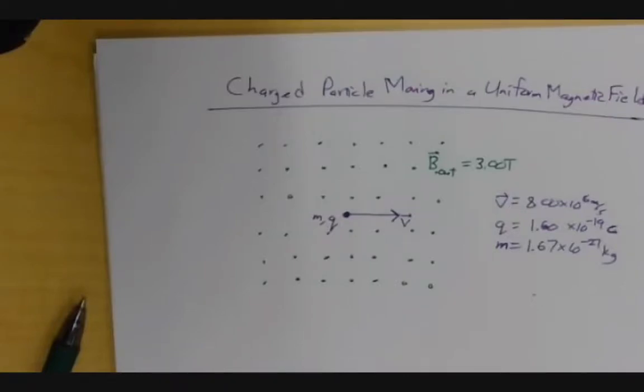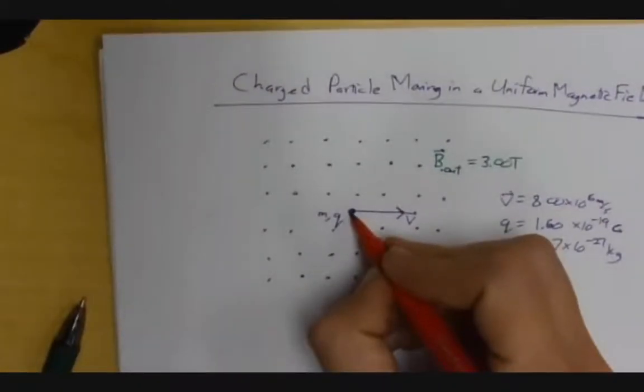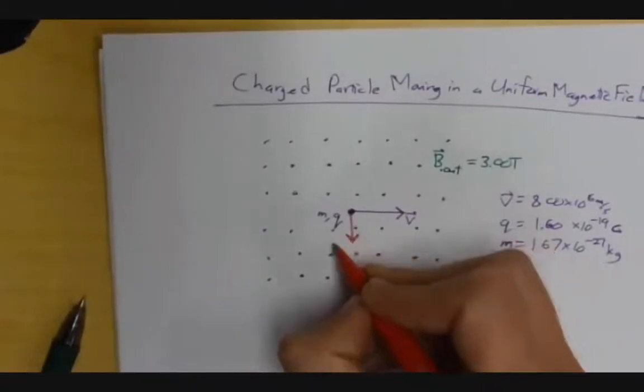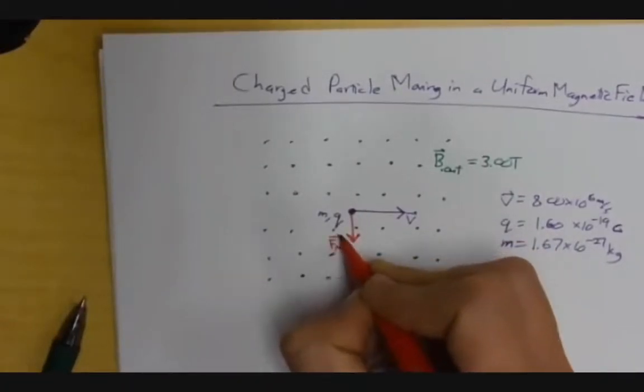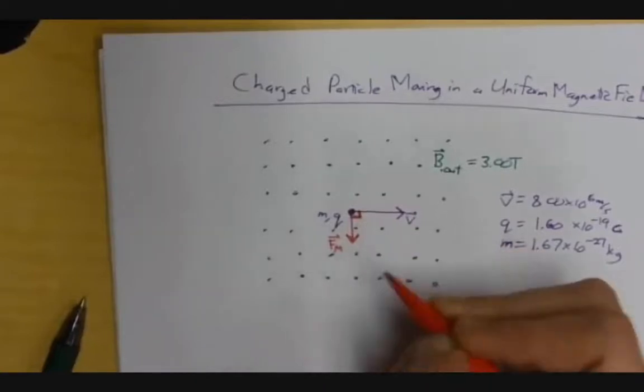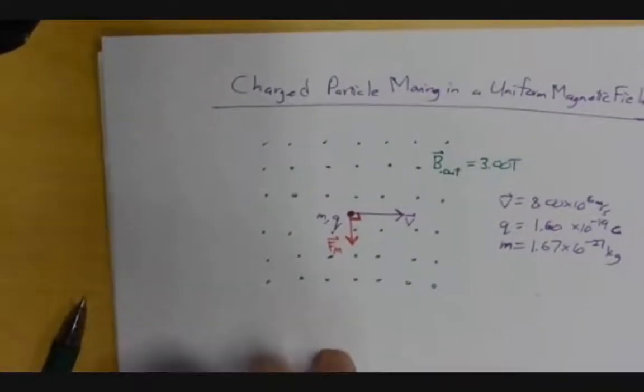V, curl my fingers towards the viewer in the dot direction, at the viewer is down the page. So if I do right-hand rule right off the bat, I get maybe this vector right here. And of course, that's perpendicular, right? It's in the plane of the page perpendicular to green, and it's either directly north or south. It's directly south to be perpendicular to purple. Right-hand rule breaks the tie and says directly south.